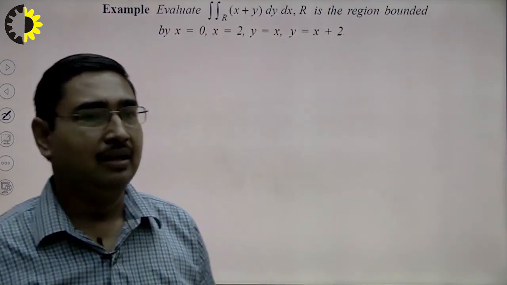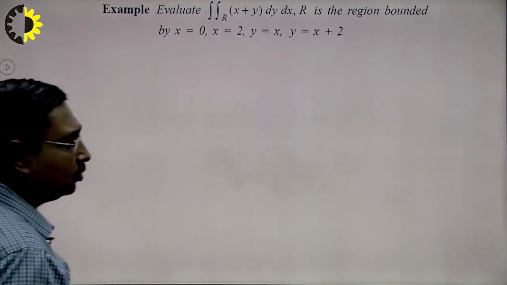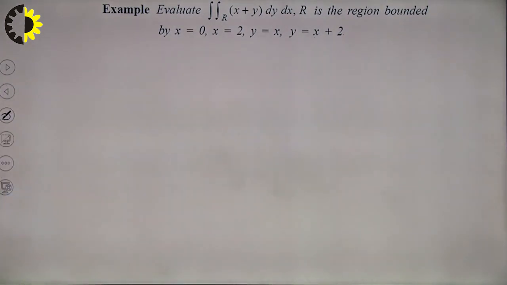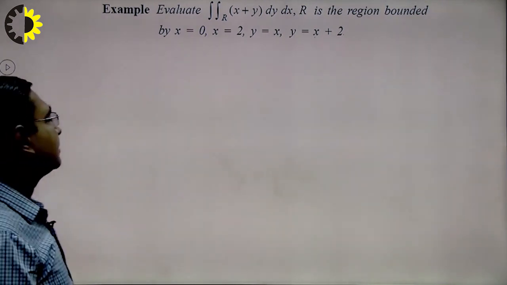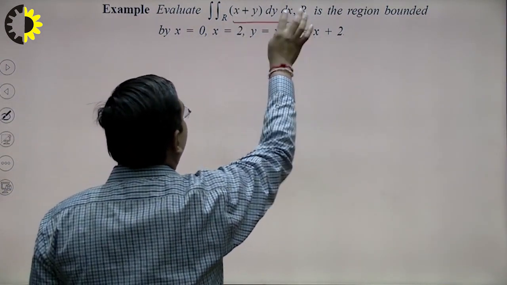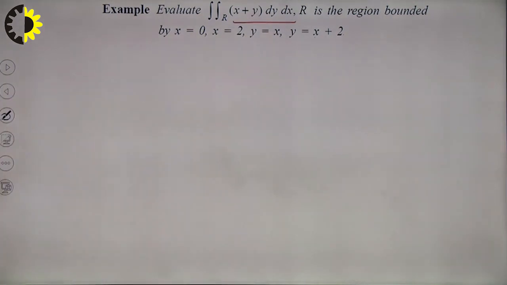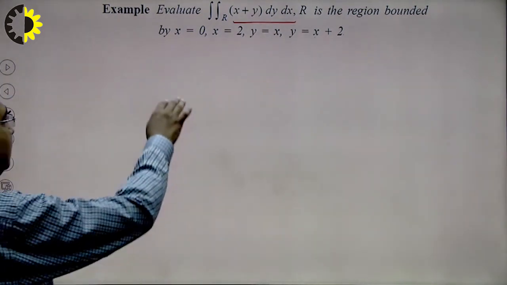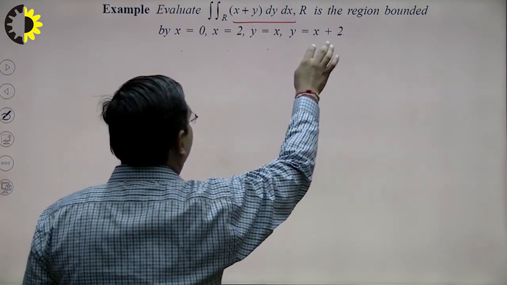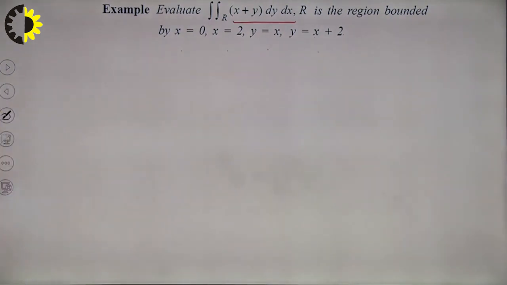Now we take one more example to understand how to find limits of a double integral. The example says, evaluate the double integral over R of (x plus y) dy dx. R is the region bounded by x equal to 0, x equal to 2, y equal to x, y equal to x plus 2.